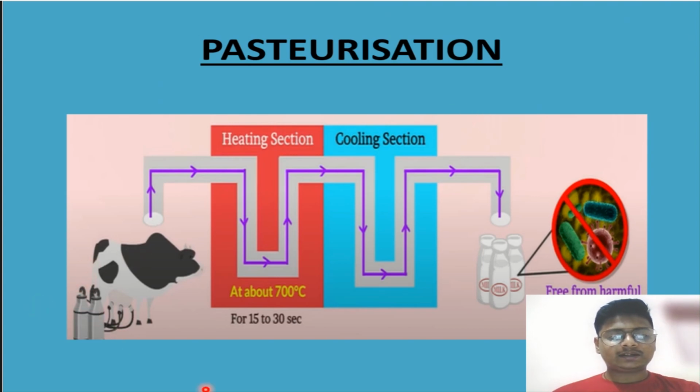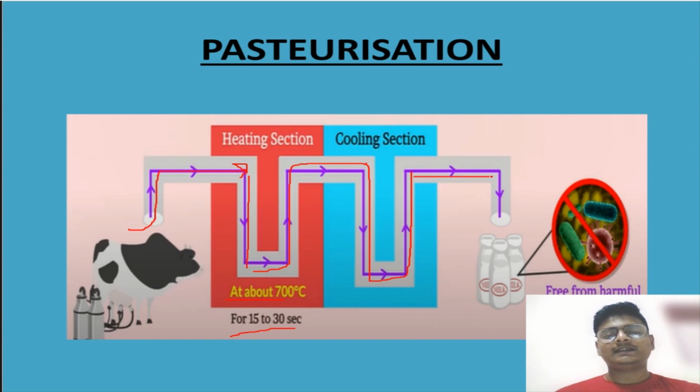From the dairy farm, from the cattle, we take the milk and supply it, and now we take it into the factory. In the factory there is a process. In the first step it goes through the heater section, at about 70 degrees Celsius for 15 to 30 seconds only, and then it goes to the cooling section after 30 seconds, and it is cooled very fast from 70 degrees Celsius to a low temperature.